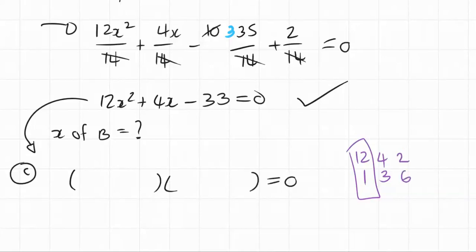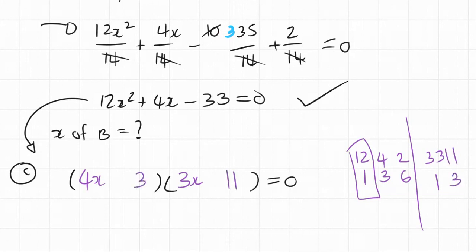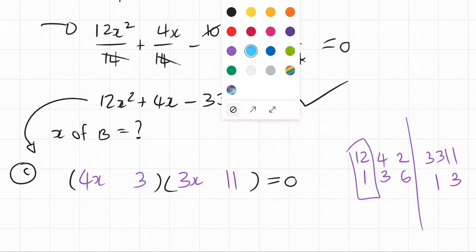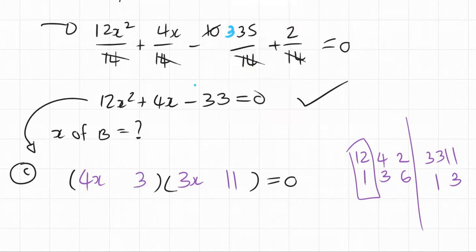Okay, so let's see what happens if we do 4 and 3. 4x, 3x, and 33 has the factors of 33 and 1, and 11 and 3. Remembering we are adding together to get the middle term, and we are timesing together to get the third term.